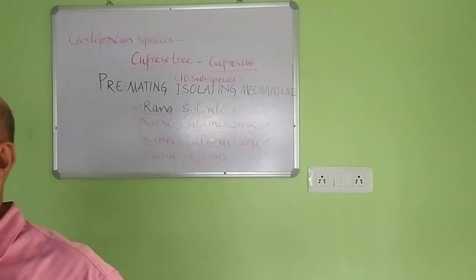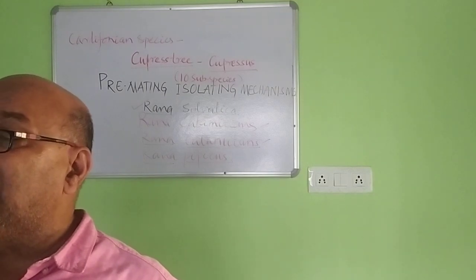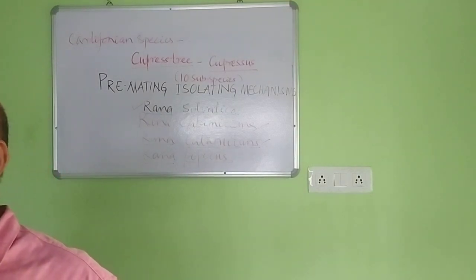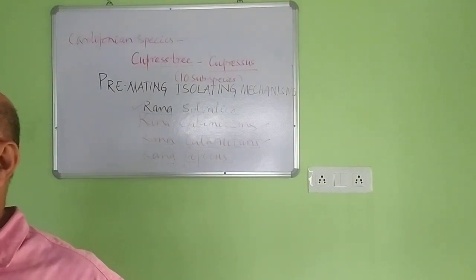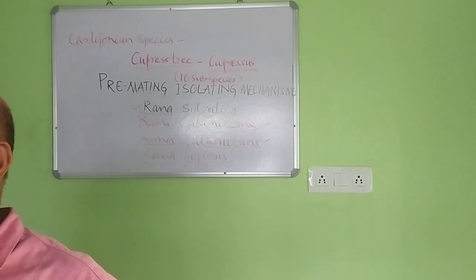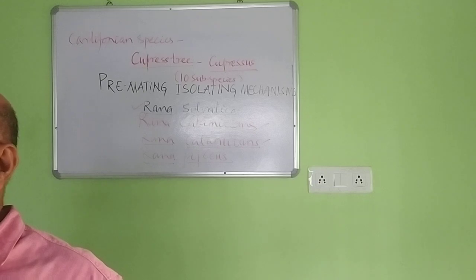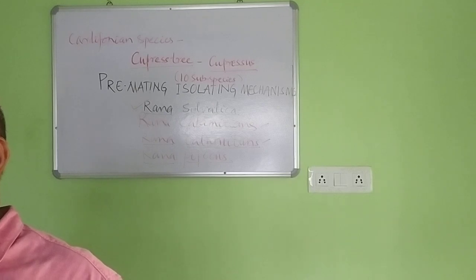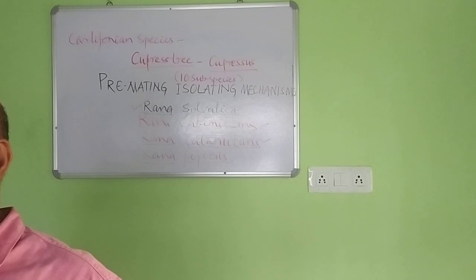First of all, you find Rana sylvatica, then Rana pipiens, then Rana calamitans. You mark that Rana sylvatica generally breeds before the others appear in the pond, but Rana calamitans does not begin breeding until the others breed.